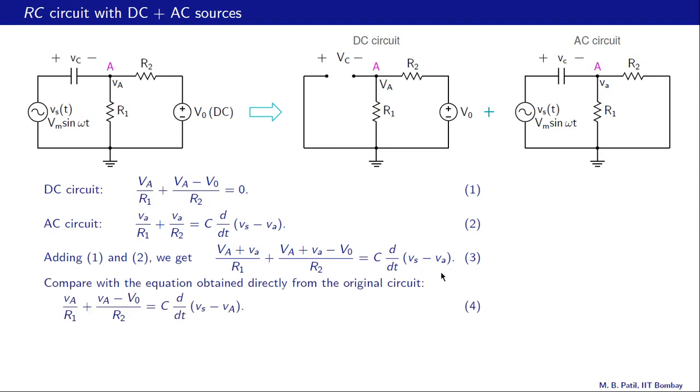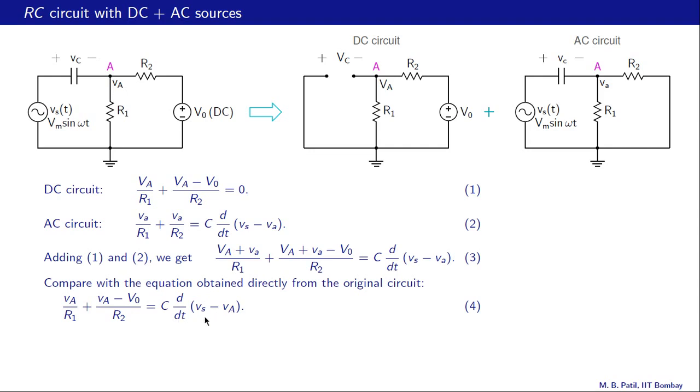Let's compare this equation with what we had obtained earlier directly from the original circuit, and that equation is here. This is the total instantaneous quantity. This is also the total instantaneous quantity. This is instantaneous Va minus V0. This is also the instantaneous Va minus V0.